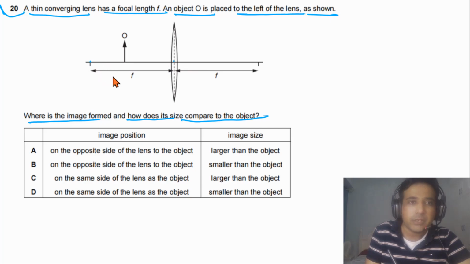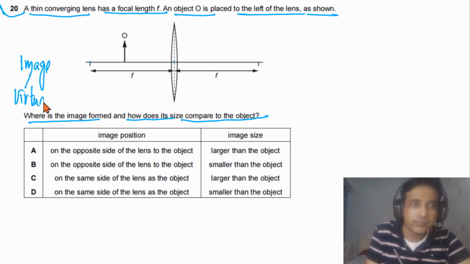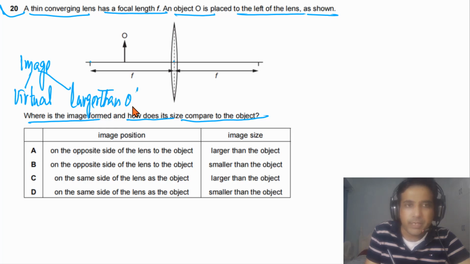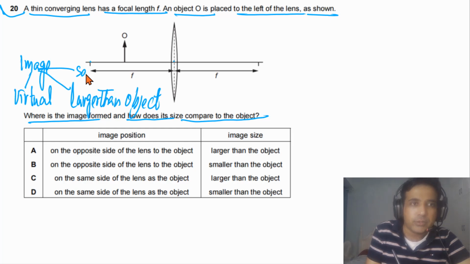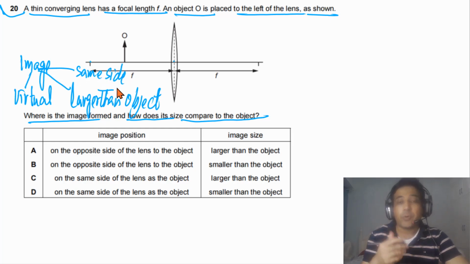So the image has to be virtual, larger than the object, and on the same side. These properties you need to understand.